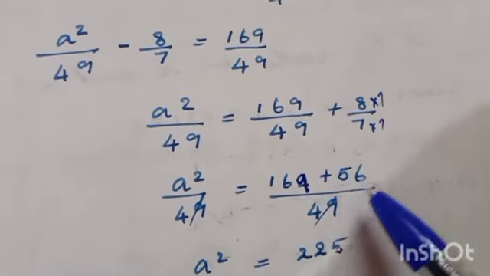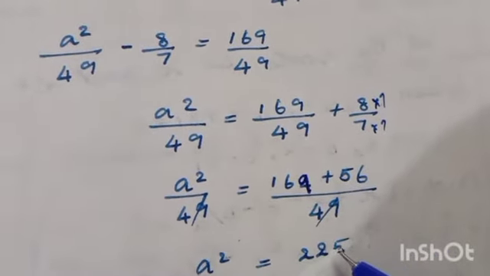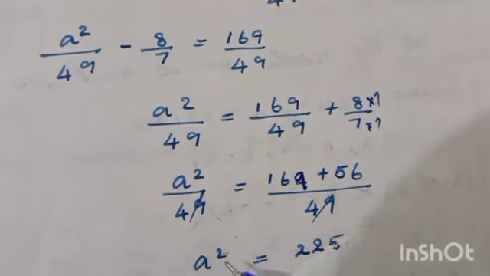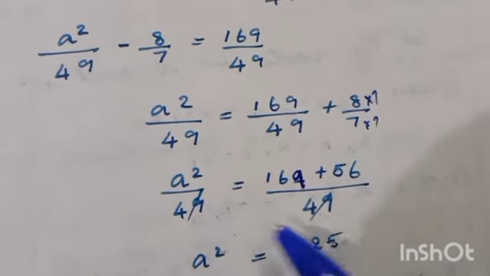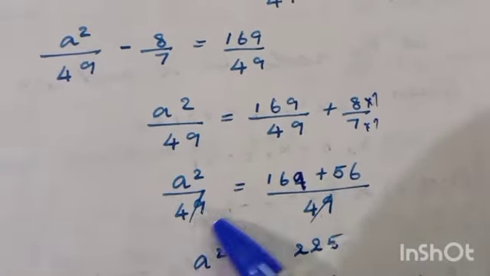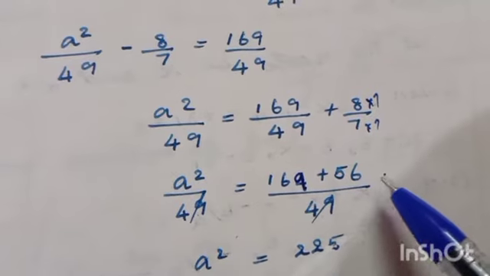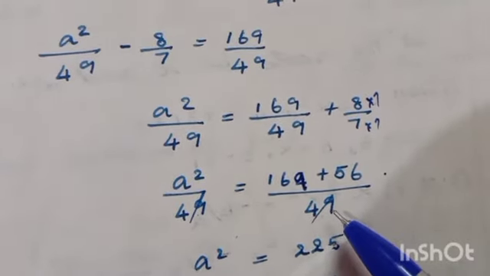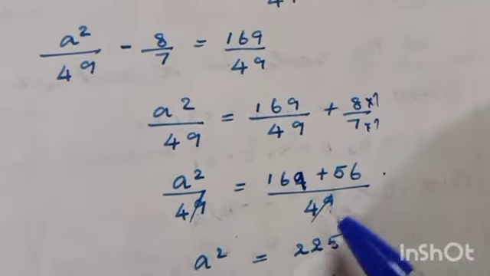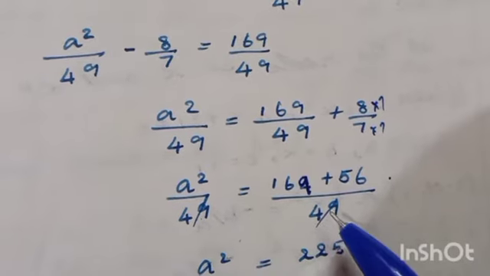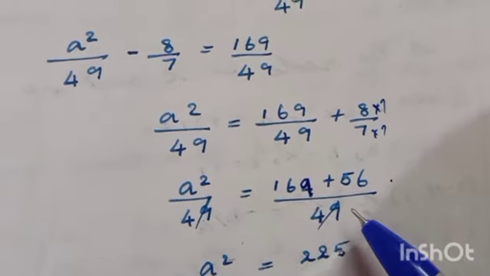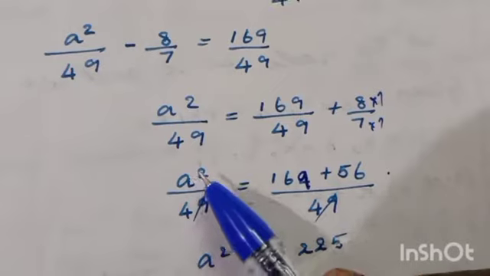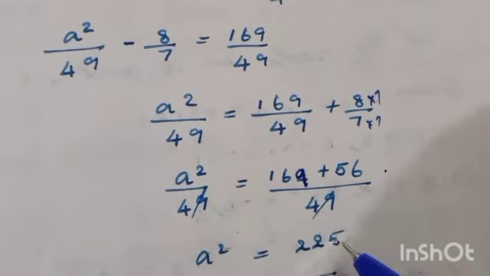Now add these two, that is 225. The 49s cancel. If you transpose the 49 to this side it becomes multiplication, so the two cancel. Directly cancel the denominator 49 from the left side to the right side, so a square is equal to 225.